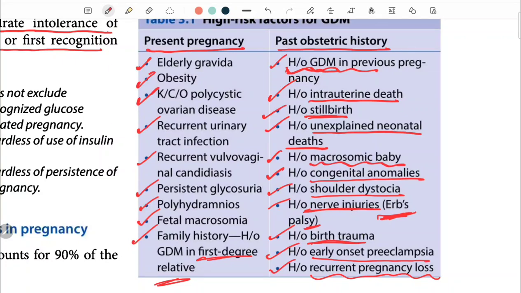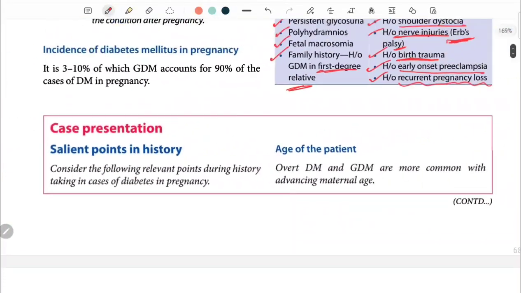All of these come under past obstetric history.